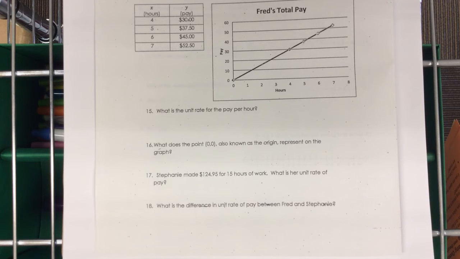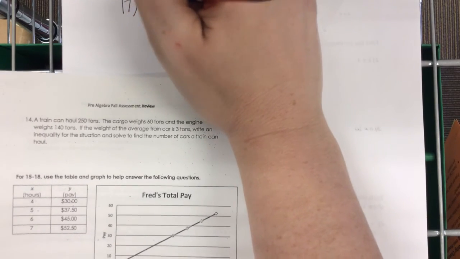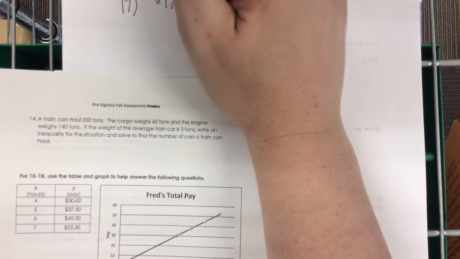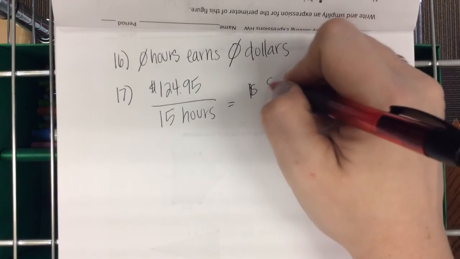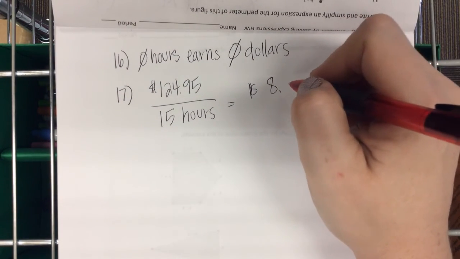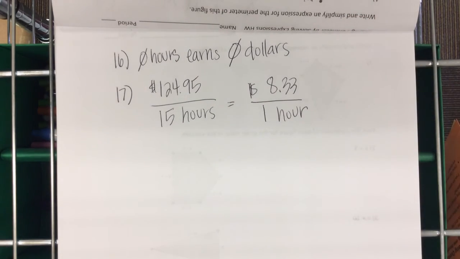You take your amount, $124.95, and divide by 15. $124.95 divided by 15 hours equals what? $8.33 for 1 hour. Pretty good.